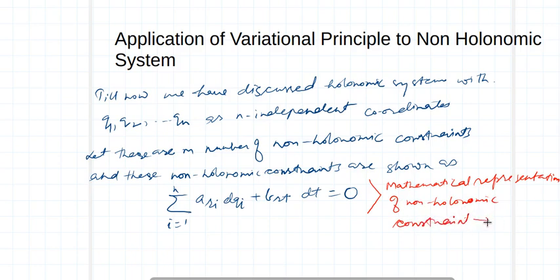And for this definition you can follow Wikipedia. And here the value of r will vary from 1 to m.